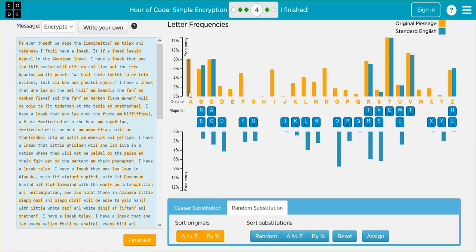So I notice I still have it assigned A, and A is a pretty common occurrence here. So let's see if I can find a spot where an A happens. A is in the beginning, FA, don't know what that means. But oh, here's another A. A or blank and E. That could maybe be one, and that matches up that O is the most common letter I have it used.